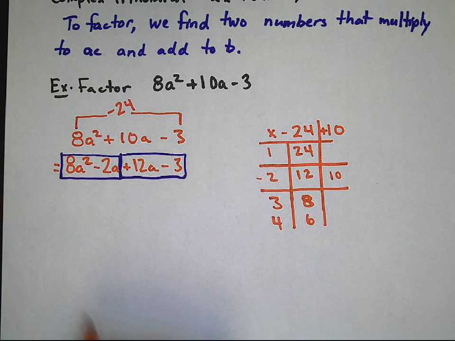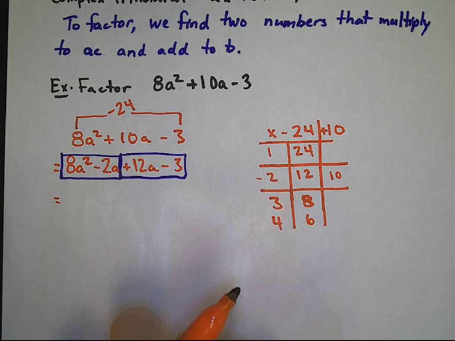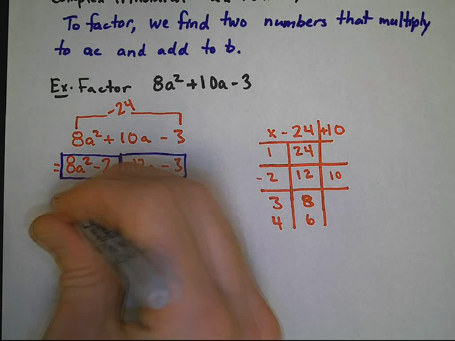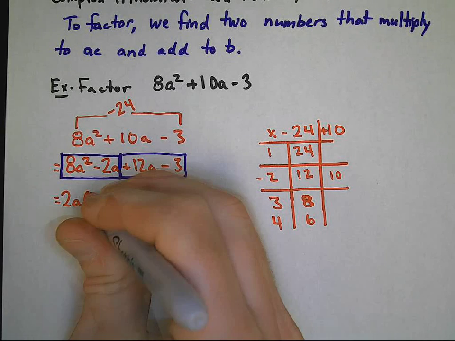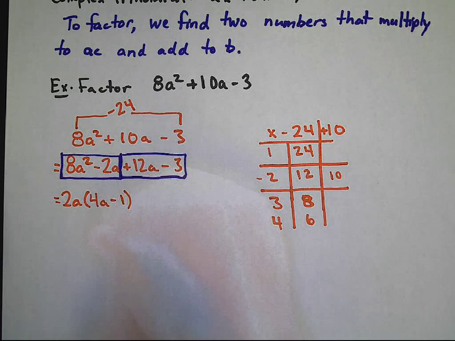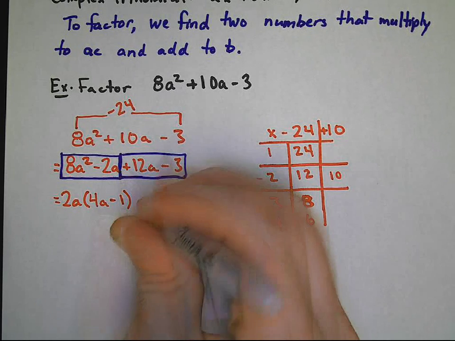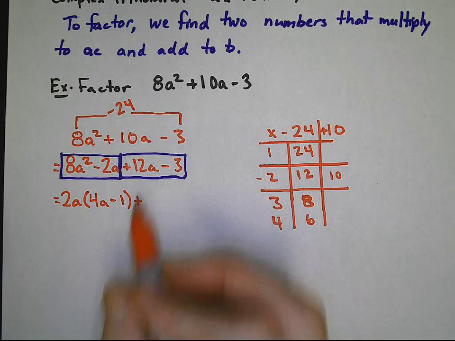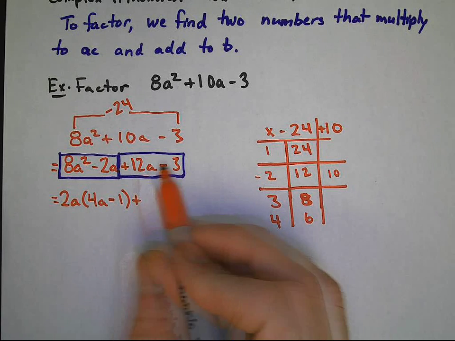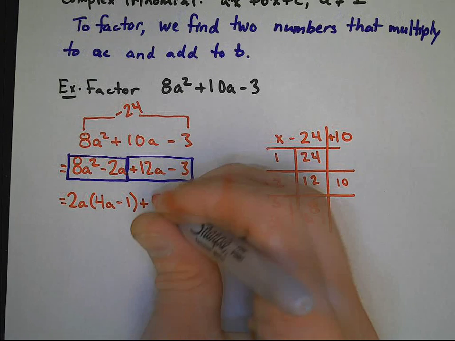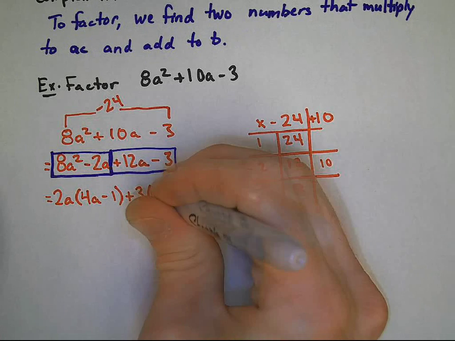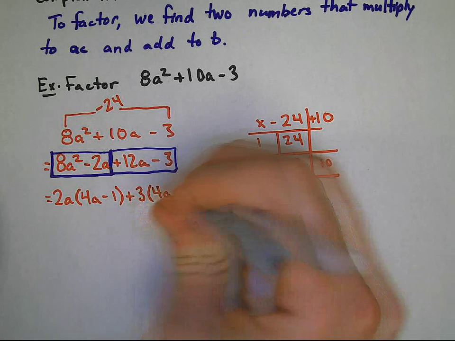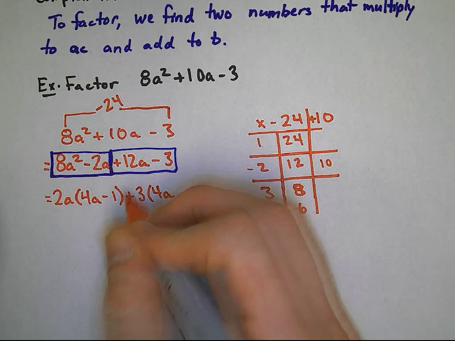And we look for our greatest common factor in each, 8a squared and negative 2a. Greatest common factor is 2a. That leaves us left over with 4a minus 1. I keep this sign positive, and I take the greatest common factor between 12 and 3, and that is 3. 12a divided by 3 is 4a, and negative 3 divided by 3 is negative 1.